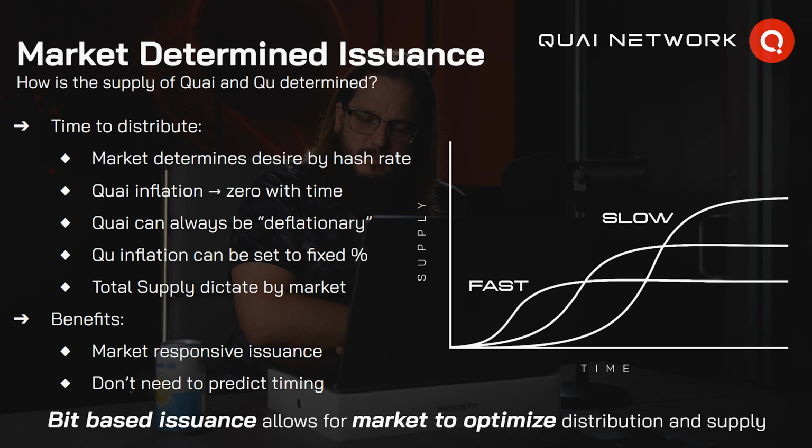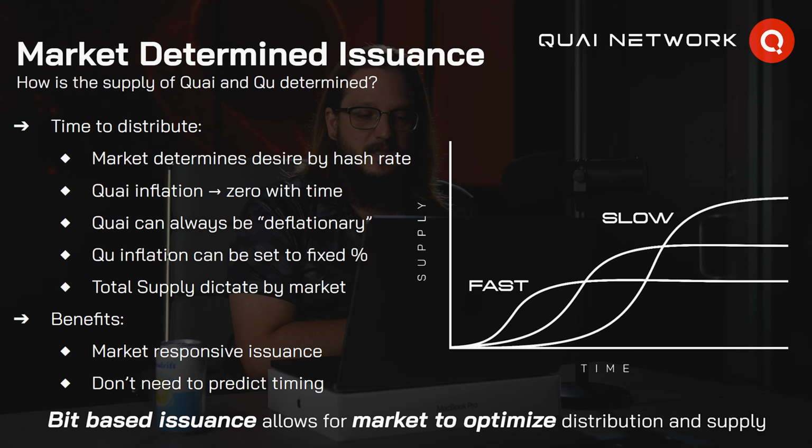So what that means is both Quai and Q will ultimately have a fixed supply, or it will logarithmically approach a finite number, but the market is going to dictate what that finite number is based off the rate of adoption. So if the rate of adoption is very fast, the total supply will be lower. If it's slow, the total supply will be higher, and that's basically it.